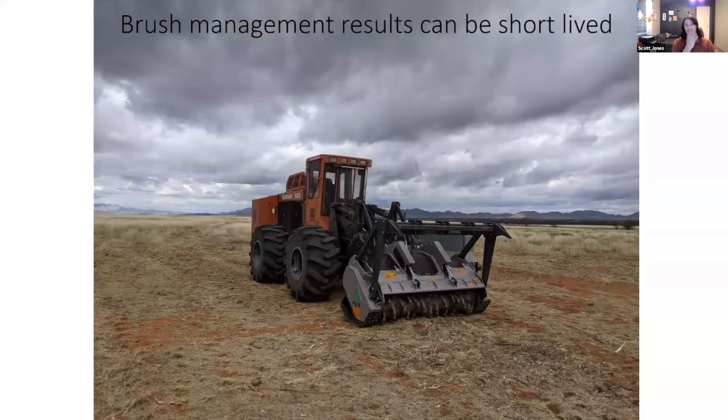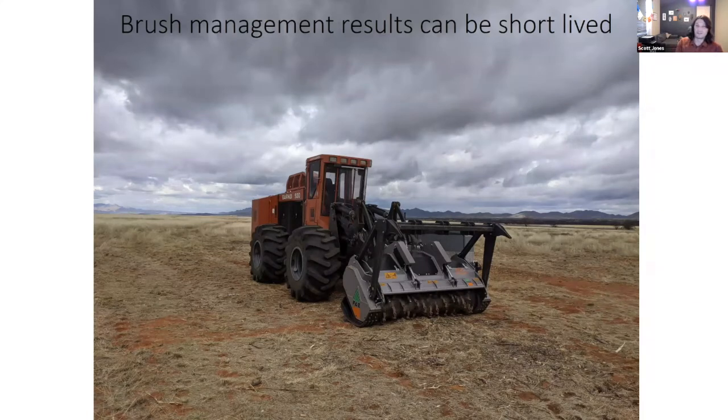Two days ago, I was out at Buenos Aires National Wildlife Refuge in the Altar Valley. This picture I took was almost exactly 1 year from when I was last out there, and they had just finished up a large mastication brush management process where they took this big machine right here. They lifted its big front part over the shrubs, brought it down, and then masticated them all the way down to stump level.